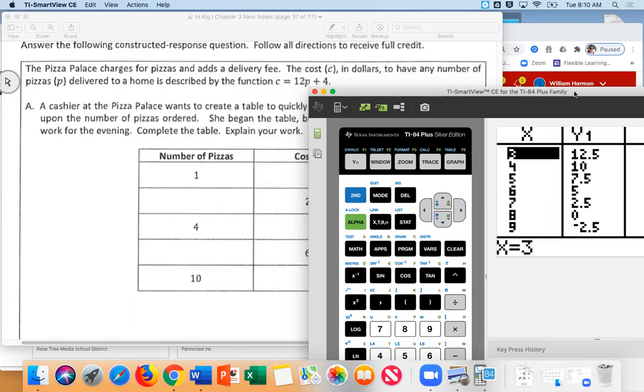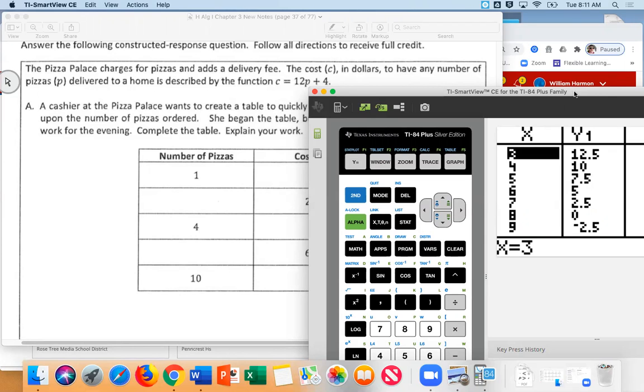Sophia, what does the 12 stand for? The number of pizzas. Okay, it does have something to do with the pizza, but C stands for cost.